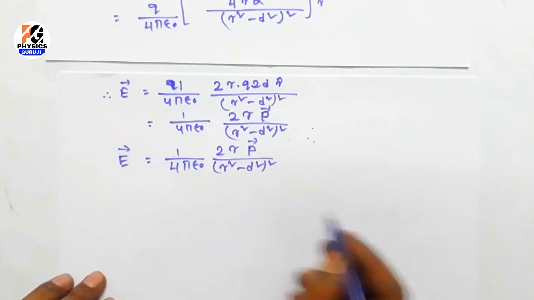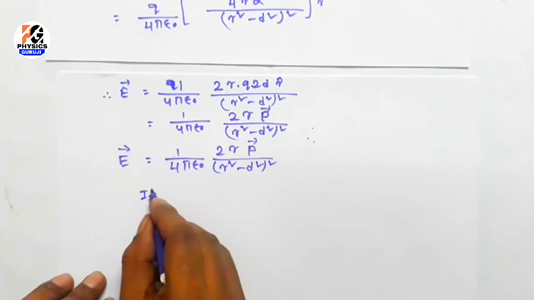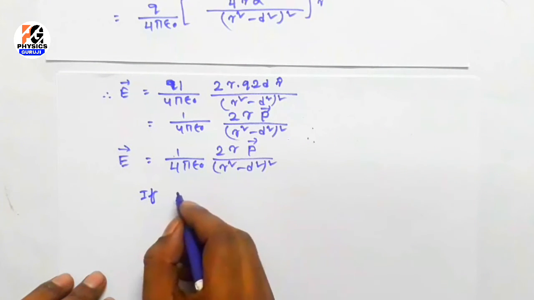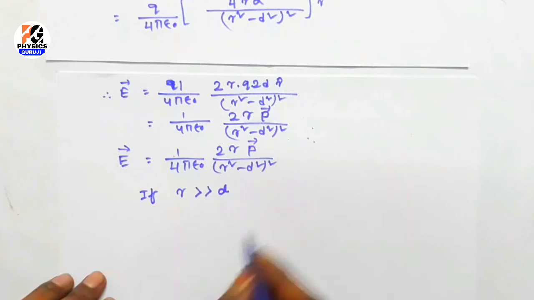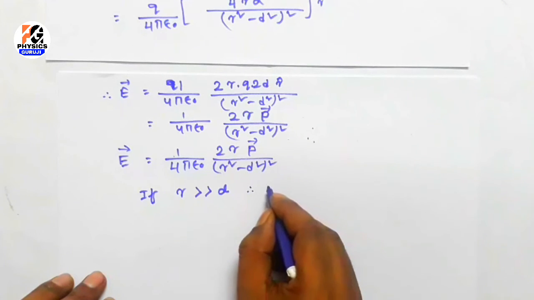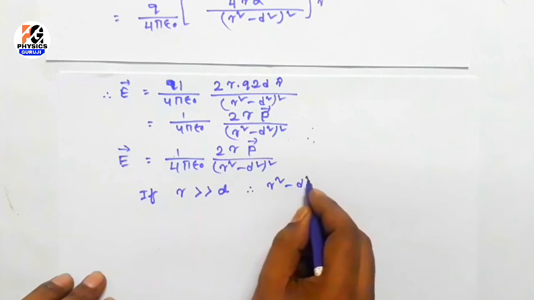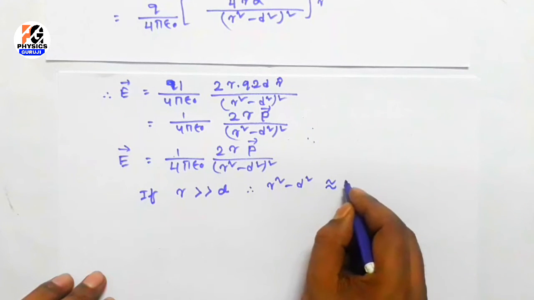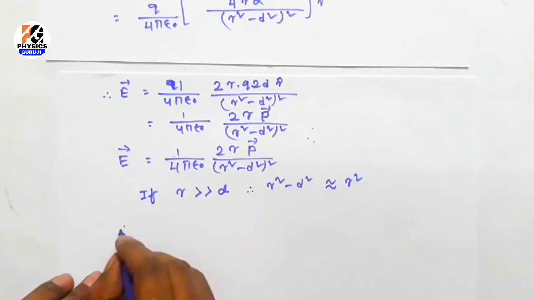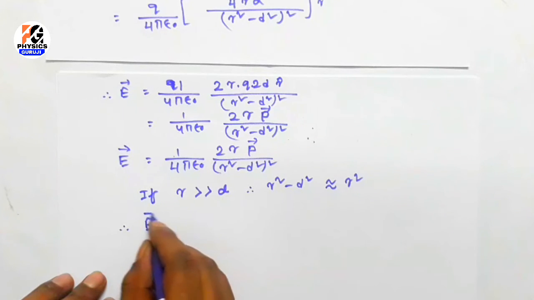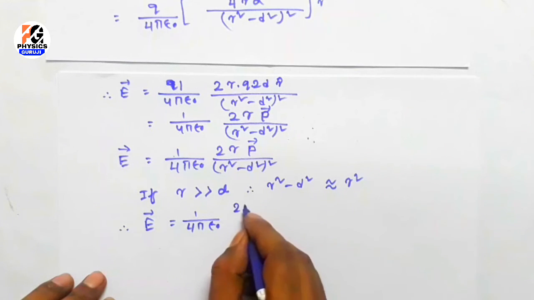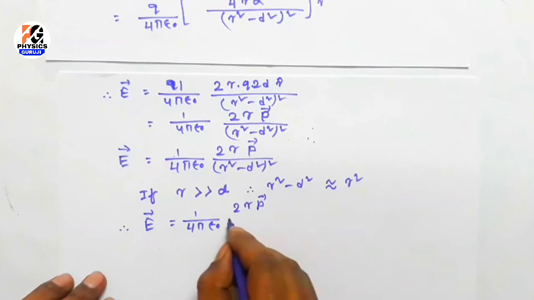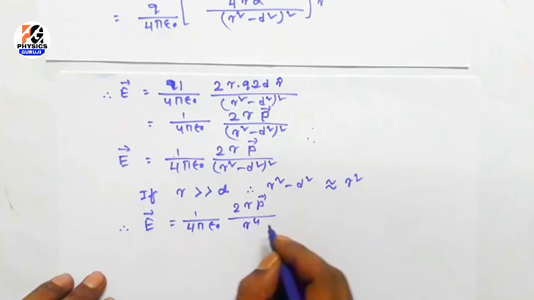Now one point here: for most dipoles, for a natural dipole, r is always greater than d, so in that case I can replace r square minus d square by approximately r square. So therefore this field becomes E equal to 1 by 4 pi epsilon 0 into 2r p by r to the power 4.